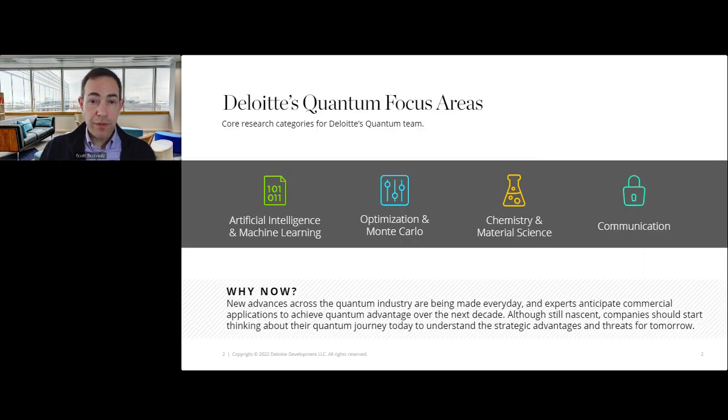One of the things that I would say is when we think about the spectrum and the space of quantum computing, it tends to be fairly broad. So when we're working with our clients, there are 3+1 series of use cases that we tend to think about. We think about artificial intelligence and machine learning.